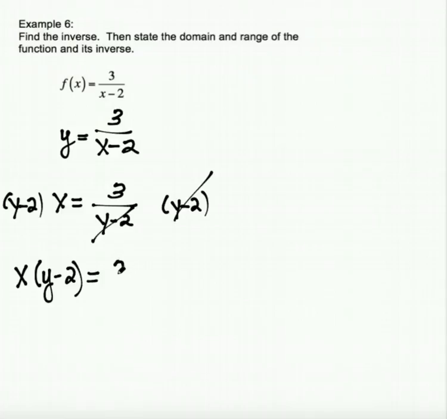So equals 3. Again, my goal is to solve for y, so I'm not actually going to distribute this x, I'm actually going to get rid of it. So to do that, I'm going to divide both sides by x. So these x's are going to cancel out. So that gives me y minus 2 is equal to 3 divided by x.